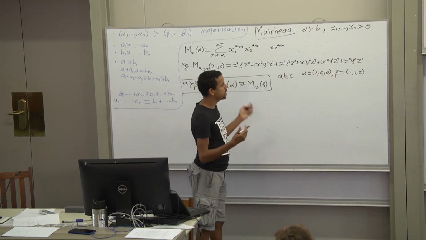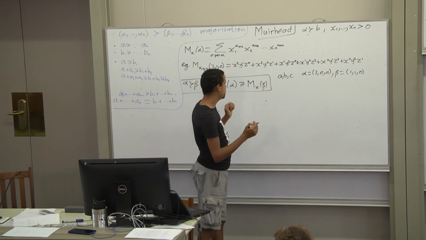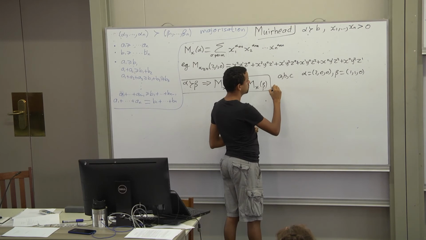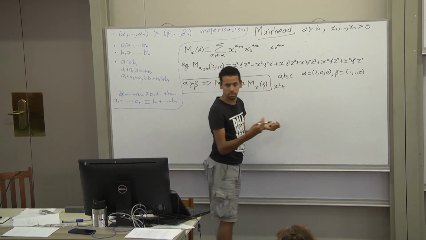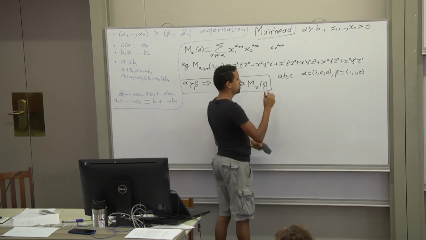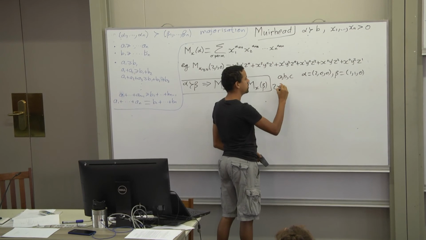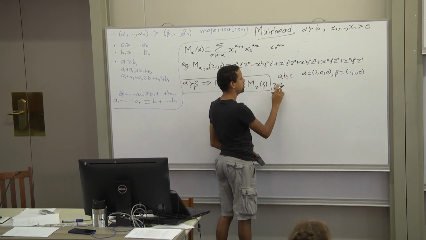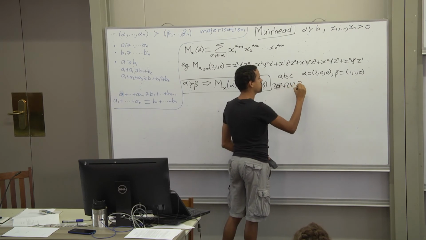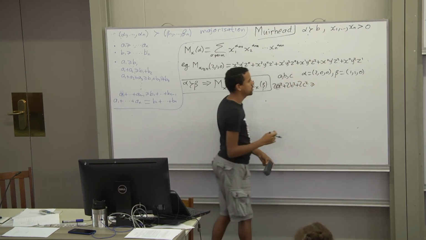And if we write down what Muirhead's inequality says, we will have a to the power of 2 plus another, so I'm just going to say 2 times a to the power of 2, is greater than or equal to.